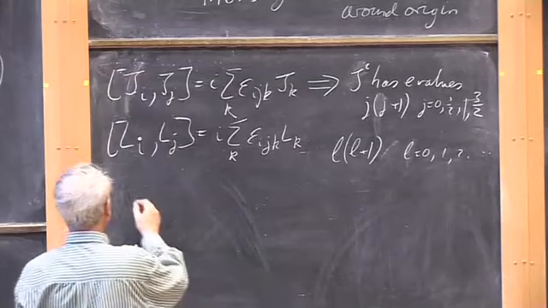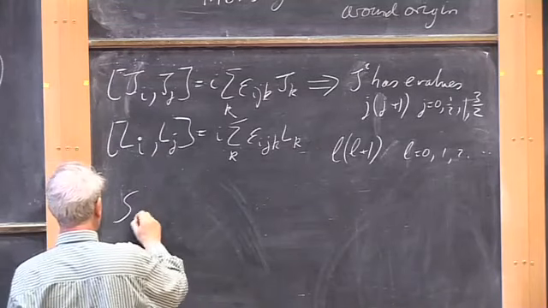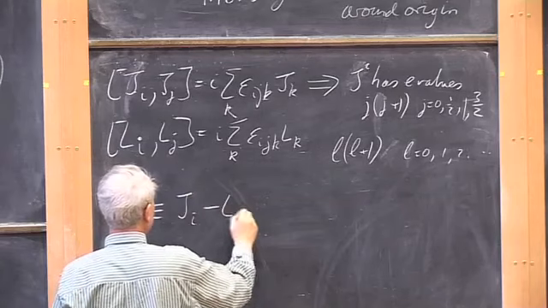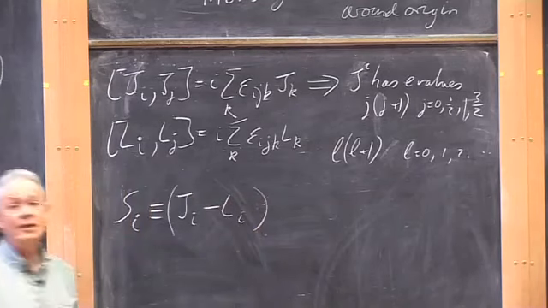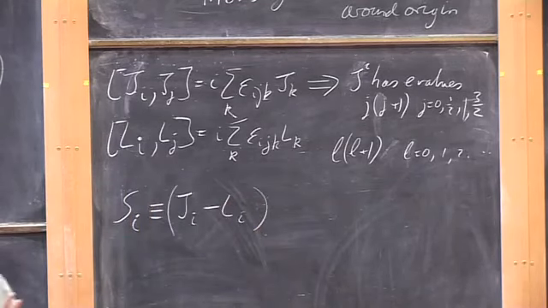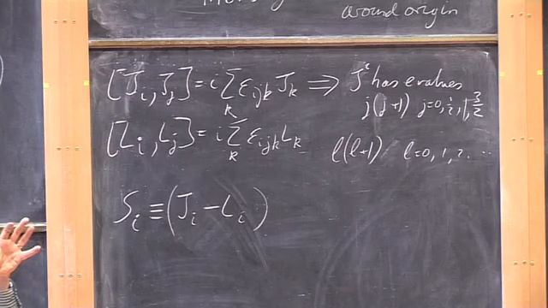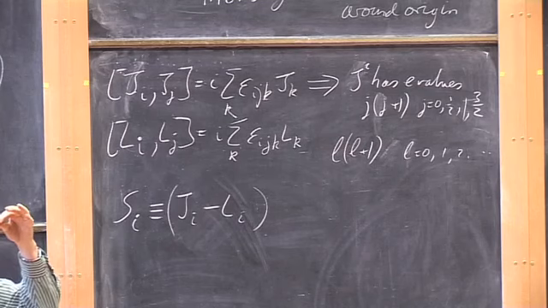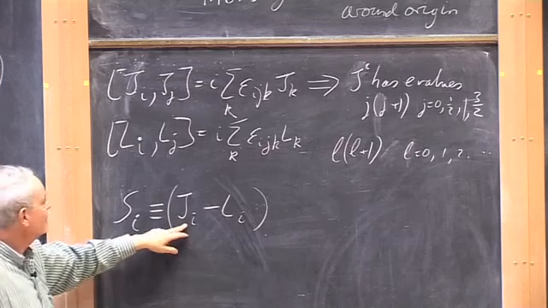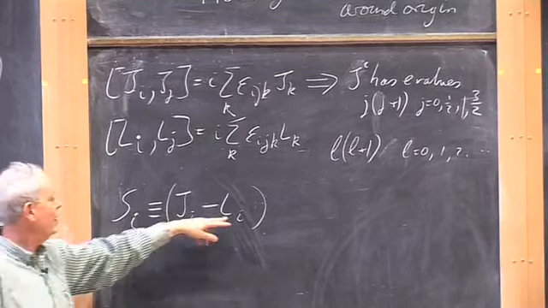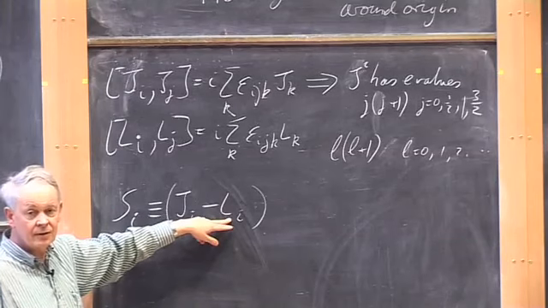What we're now going to do is introduce Si, which is by definition Ji minus Li. It's the difference between these two. What does that mean physically? It means that Si is going to be the generator of rotations of a thing about its own axis. This one rotates it on a turntable, so it rotates it and moves it. This simply moves it around a circle.